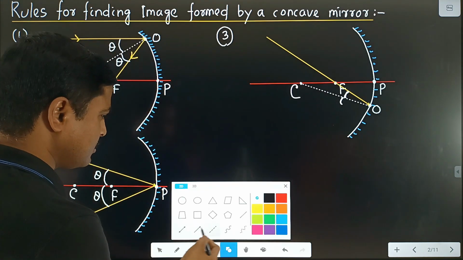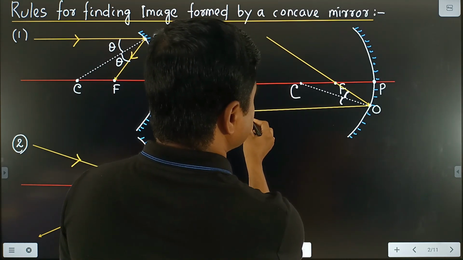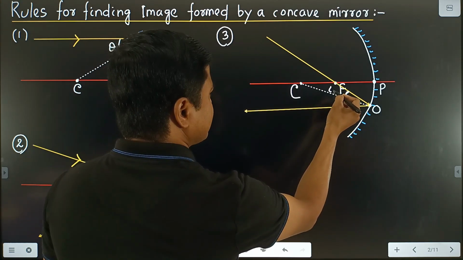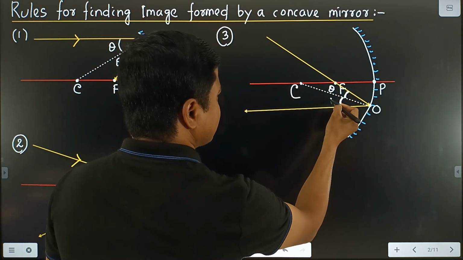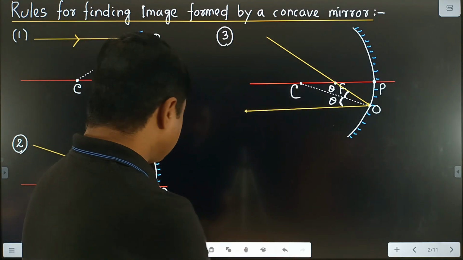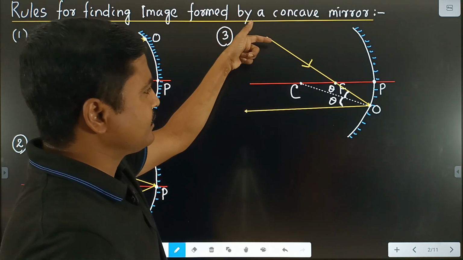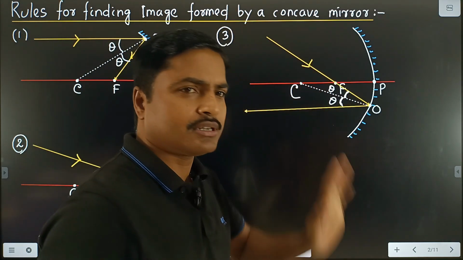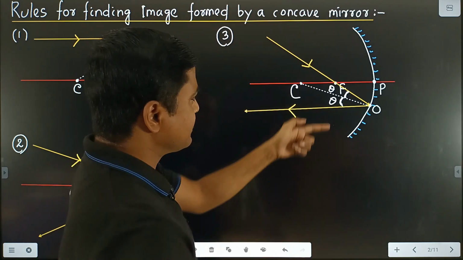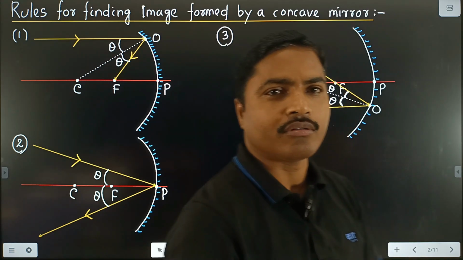So we draw the reflected ray, and this one is the reflected ray. Same thing, if this is the angle of incidence theta, this is the angle of reflection, that is also theta. Clear? That means finally, if incident ray passes through the focus, then after reflection the reflected ray must be parallel to the principal axis. This is the third rule.